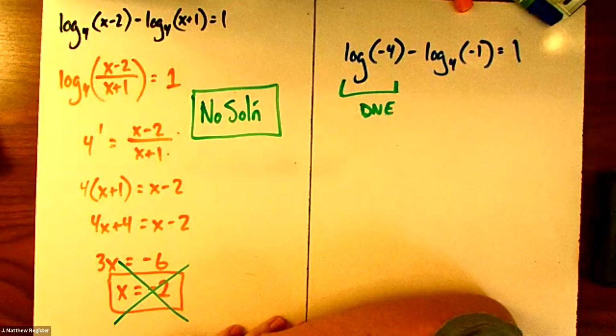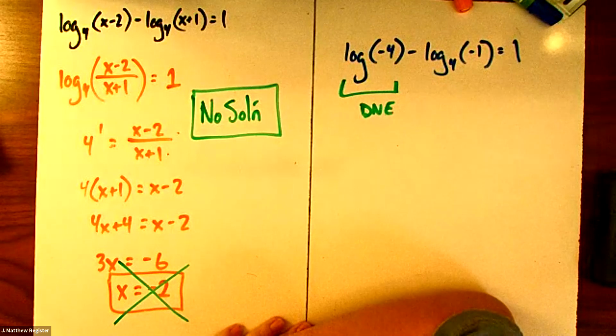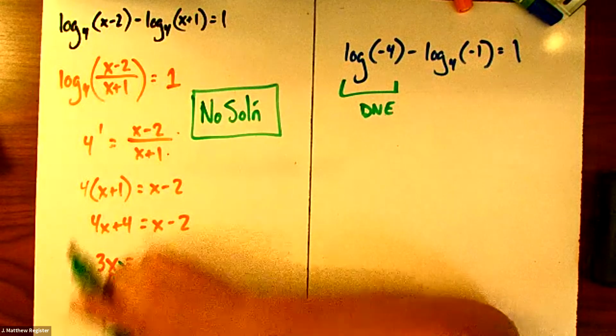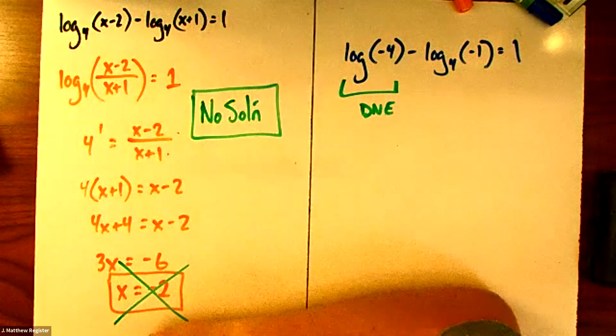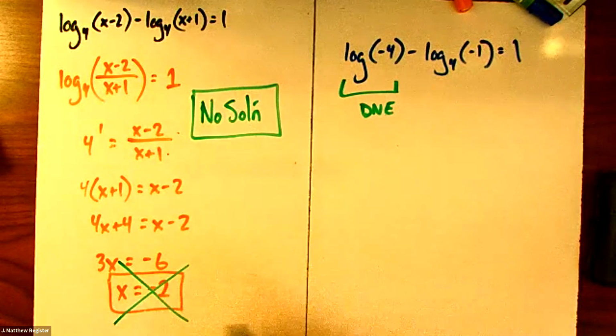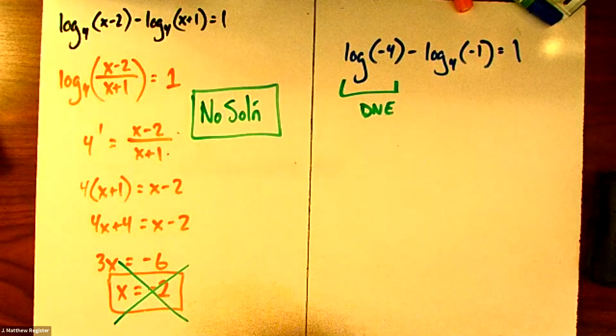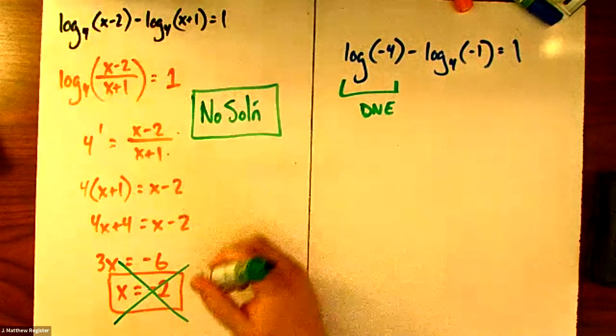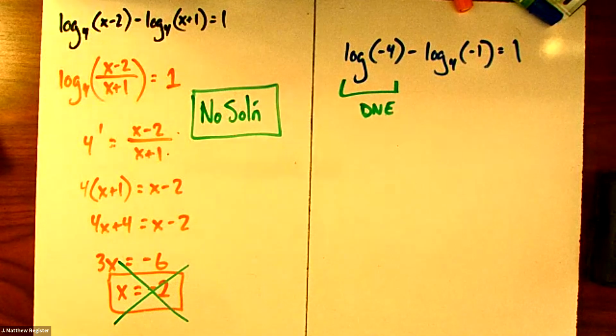Which is always fun. You're going to see stuff like that happen a lot this semester, where you'll work through all of the algebra, only in the end to recognize that there's no solution. Now, here's the thing. If you didn't understand how logarithms work, you might have called it a day at x equals negative 2 and been like, oh, the answer is negative 2. But you have to remember what the domain of these functions are.